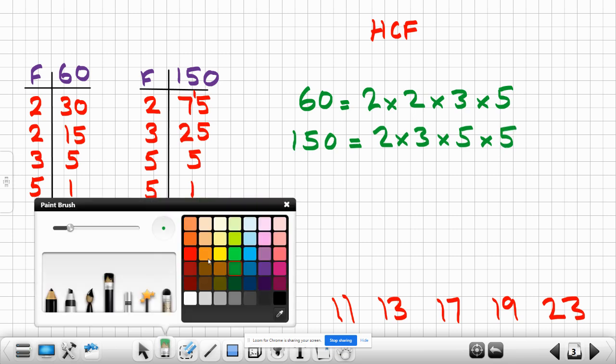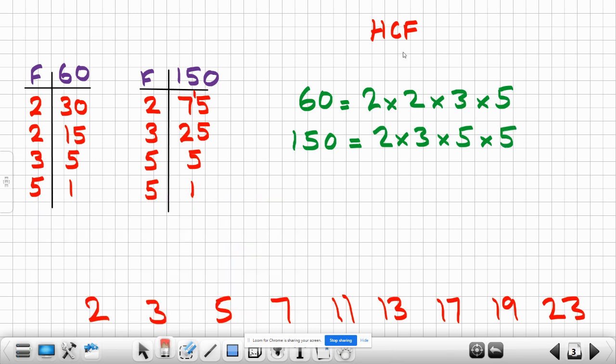Now let's look for what they have in common so we can find the highest common factor. We have a 2 here and a 2 here. No more 2s in 150, so we move on to 3s. They both have a factor of 3, and they both have a factor of 5. 150 has another factor of 5, but there isn't one to share with 60, so we are done.